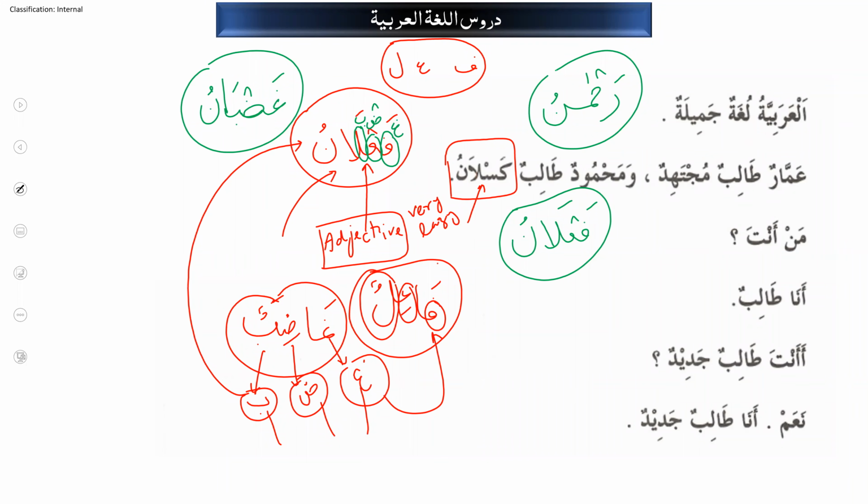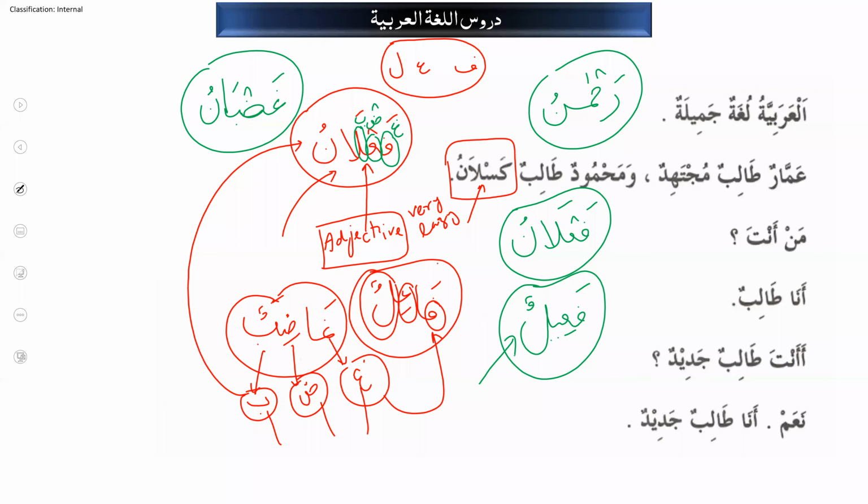Another weight you will now start is fa'ilun. What is the weight? I write. Please read fa'ilun. Any name which falls on that, not mostly, there are a few differences also, inshallah, we'll come to know.